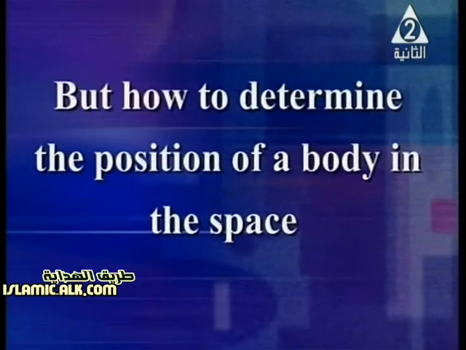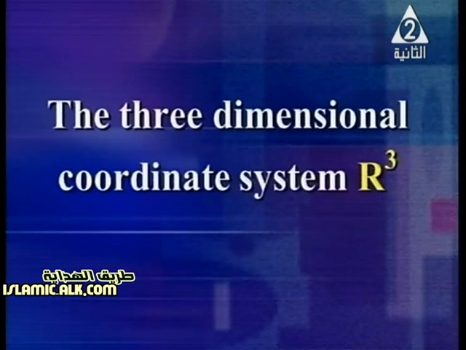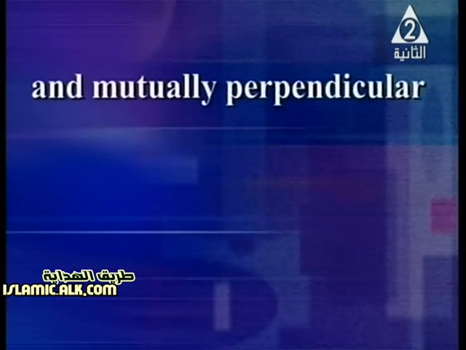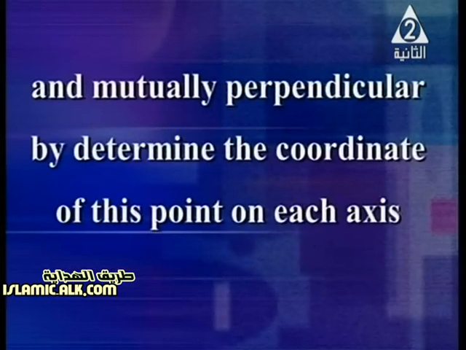But how to determine the position of a body in space? The 3 dimensions coordinate system is R power 3. The coordinates of a point A in space are determined with respect to 3 axes that meet at a point and are mutually perpendicular, by determining the coordinate of this point on each axis.